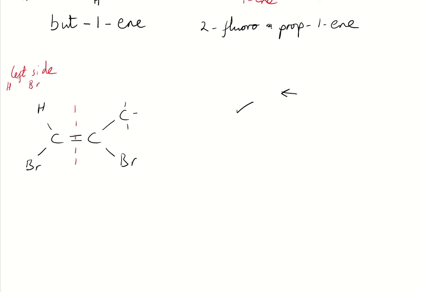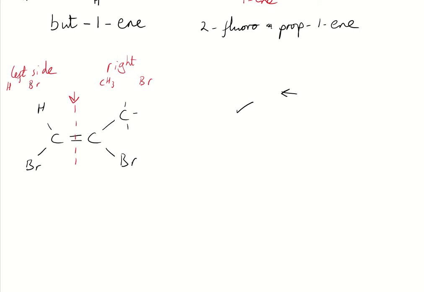These must be different. And on the right side, we've got a CH3 and we've got a Br. These must be different. Does not matter at all across that double bond past this middle line here. You're purely looking on the left-hand side and then the right. Both of the left must be different.